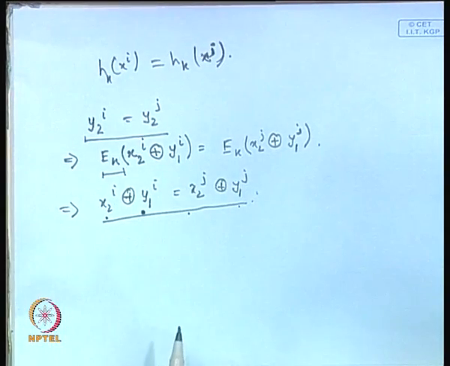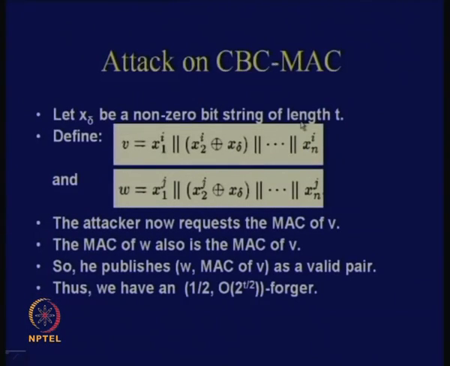Till this part is clear to us? Yes, clear? Okay. So, now you see that actually you have obtained so many MAC values. Now you consider that x delta is some non-zero bit string of length t, which I know. Then you can define v like this.